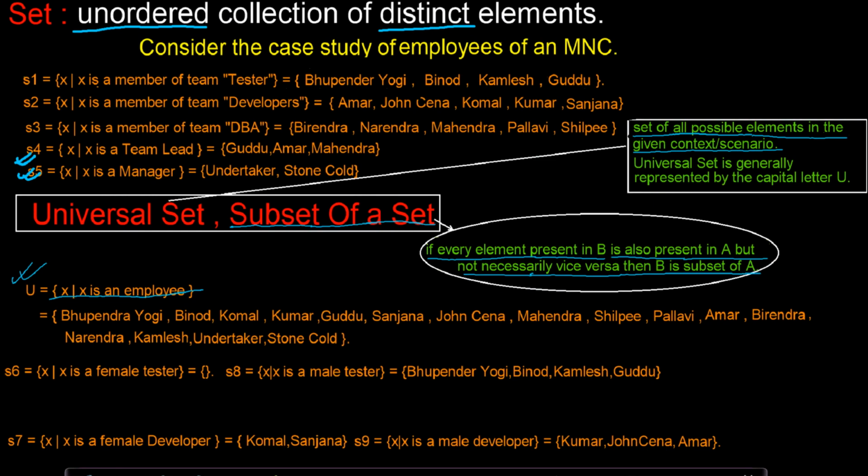Now let us look at, for example, a set of testers. S1 is a set of testers X such that X is a member of team tester. What is S6? S6 is X such that X is a female tester, and S8 is X such that X is a male tester.